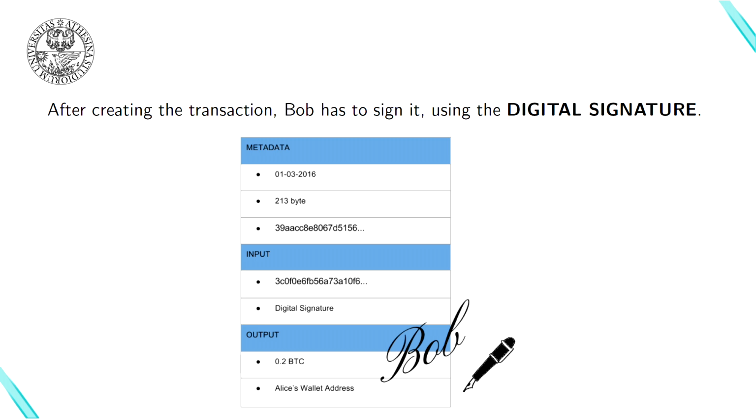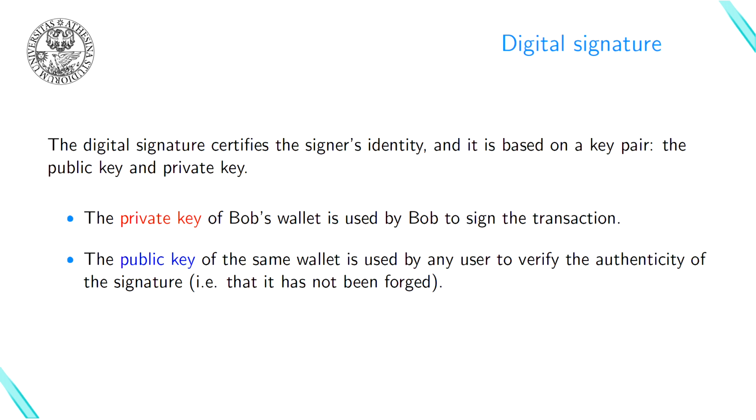After creating the transaction, Bob, of course, signs it using the digital signature. We recall that the digital signature certifies the signer's identity and is based on a key pair, the public key and the private key.